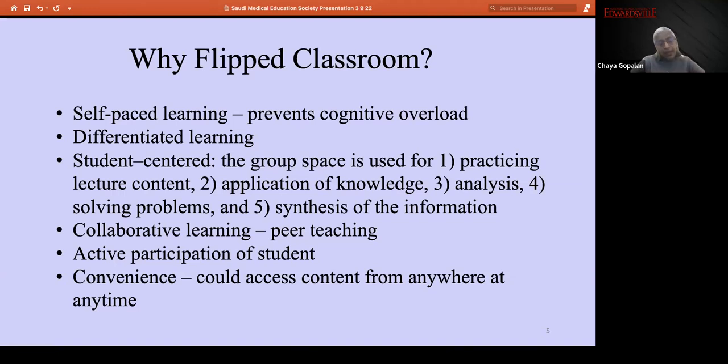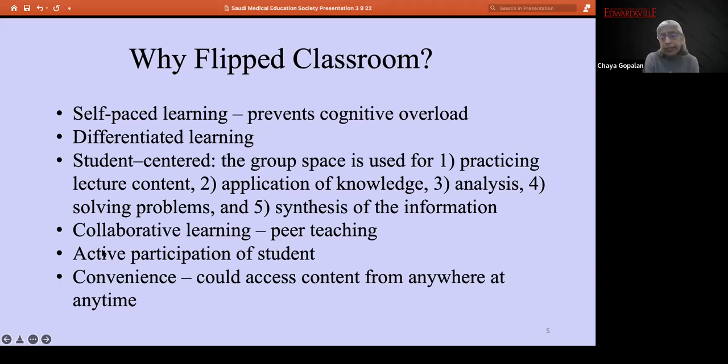So this is where you may want to design group activities where the students are given a set of instructions as to who has to do what and what their goals are and how many problems they have to finish, what case they have to finish, all of that. And this is where a well-prepared student may be able to take the lead and help the not so well-prepared student. So that's where I call it peer teaching.